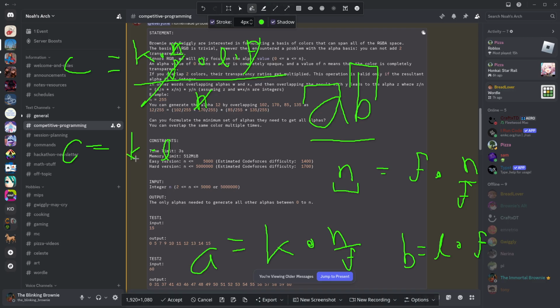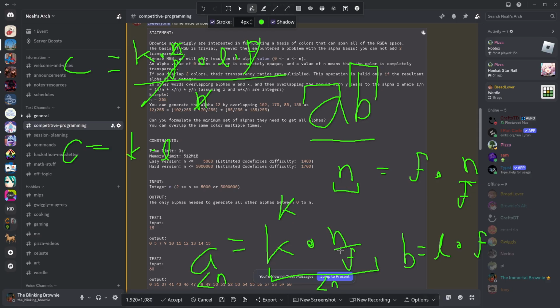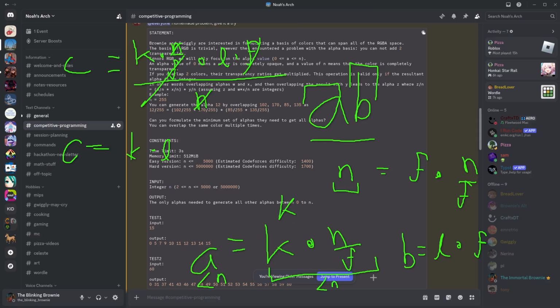C is constructible if and only if it is expressed by k times l, where k is less than n, right? So this k times n over f is less than n. Divide both sides by n over f, k is less than f.